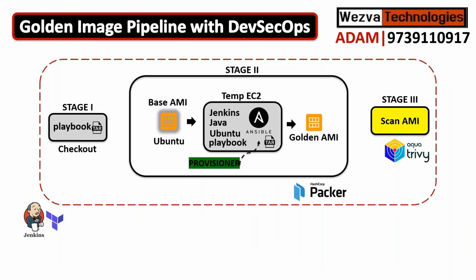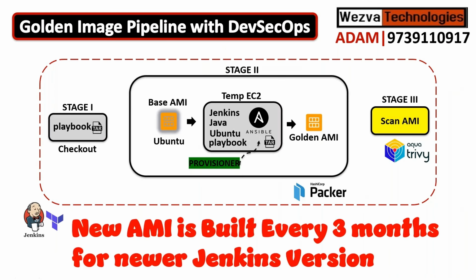Now the next question that comes, which you need to know: why did I even create a pipeline? How frequently should I run it? There is a reason for everything. Once I generate the golden image, which we are going to use to create a highly available architecture, you can run your Jenkins, but Jenkins will be upgraded frequently.